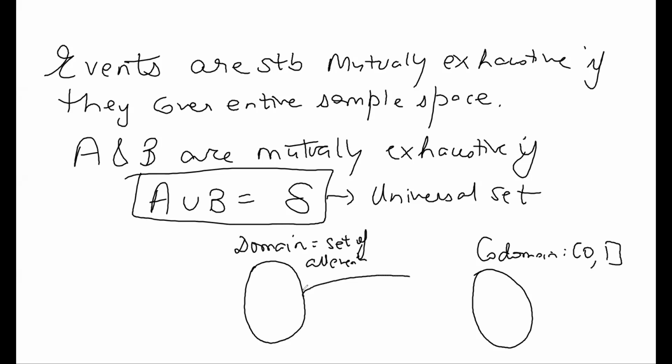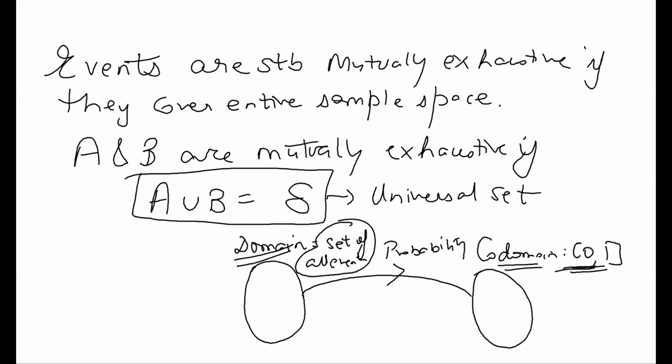And probability is a function which maps the set of all events to the values between 0 and 1. I am using a mathematical touch here to explain it to you. Probability is a function which maps the set of all events in the domain to values between 0 and 1 in the codomain. It's a function.